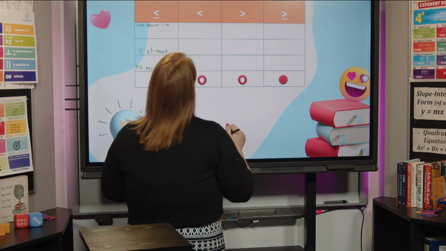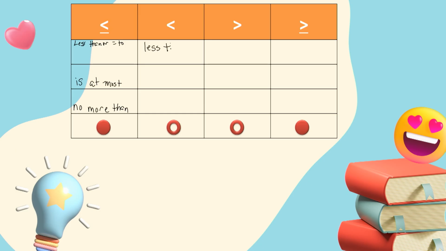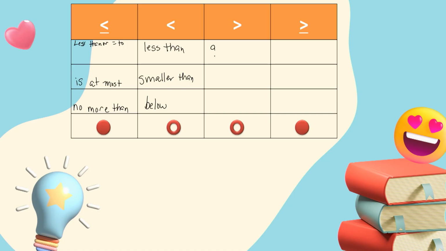The next one we have is our less than symbol. So it's just plain less than. It's also smaller than. And we've also seen the wording below. All right, my next one is my greater than. Also more than. And then larger than.